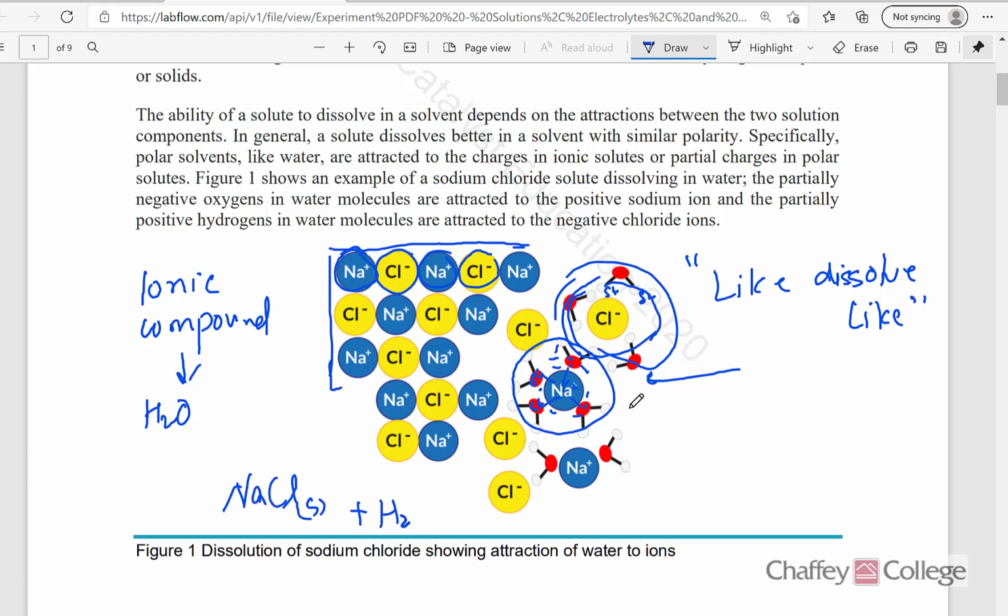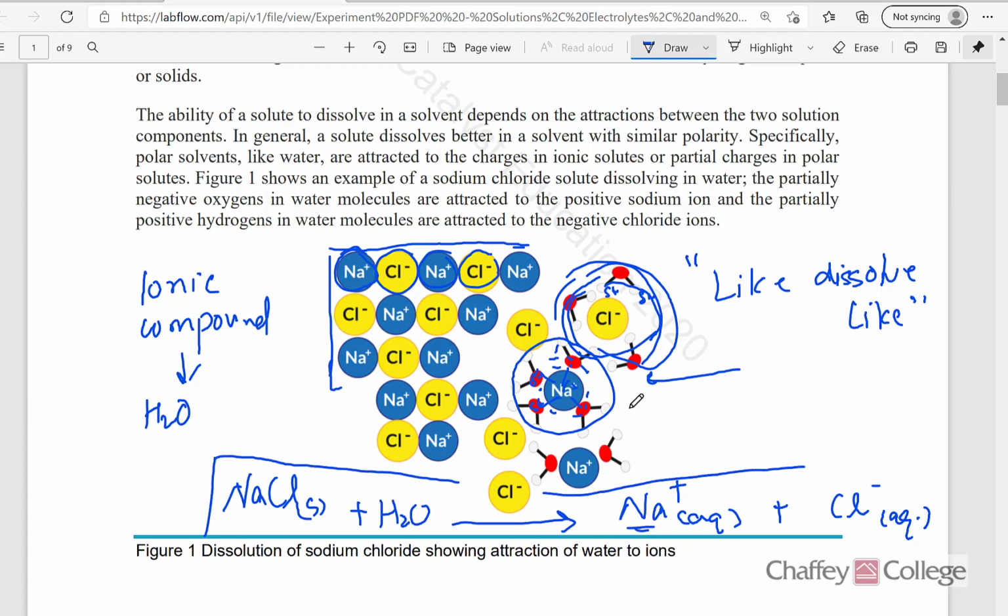When it dissolves in water, it will break down into individual ions, and we can show those individual ions in this way. Because the ions are surrounded by water molecules, we show a subscript aq. Aq stands for aqueous. Aqueous means that the ion is surrounded by water molecules, or is present in water. So this is the equation for solubilization of any ionic compound.